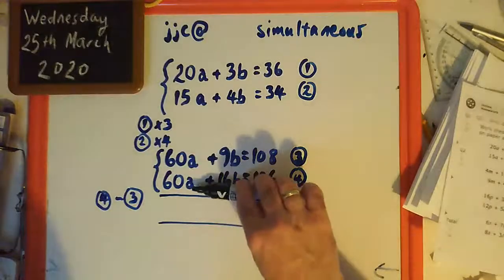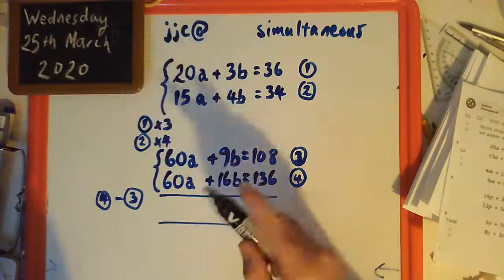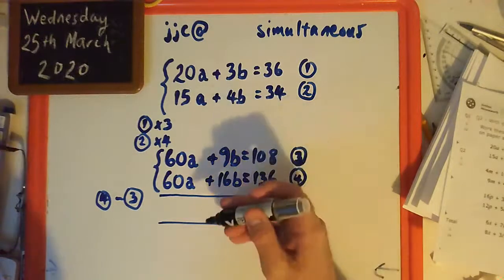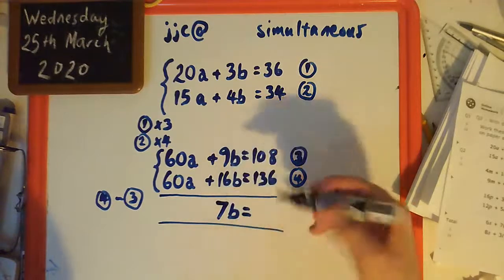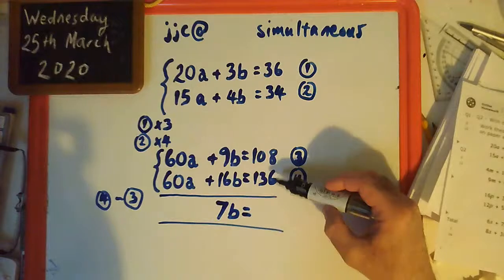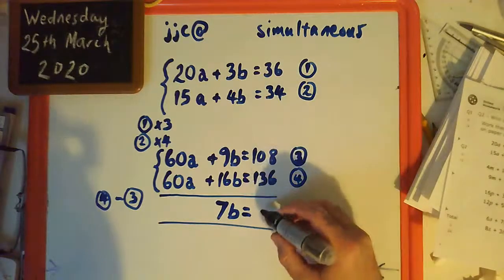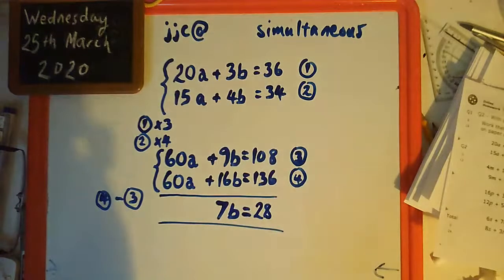So 60a minus 60a, nothing, disappears. 16b minus 9b makes 7b. And 136 minus 108 makes 28. Just checking that in my head, 28.